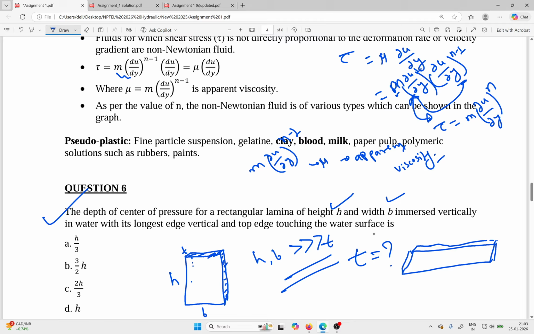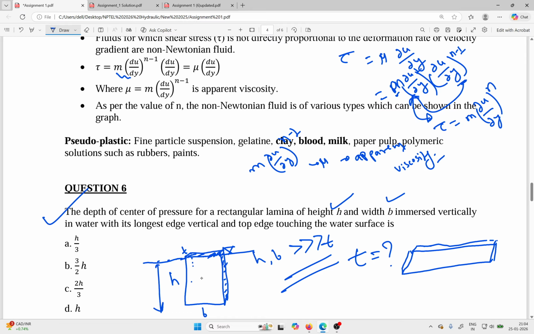Such a body is immersed vertically in the water, with its longest edge vertical and the top touching the water surface. The top edge is touching the water surface, meaning this is your water surface, and the longest edge is vertical, as you can see. So what will be the center of pressure?